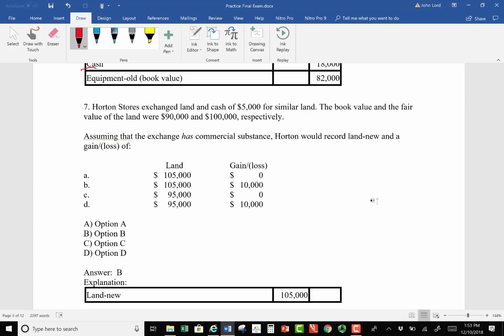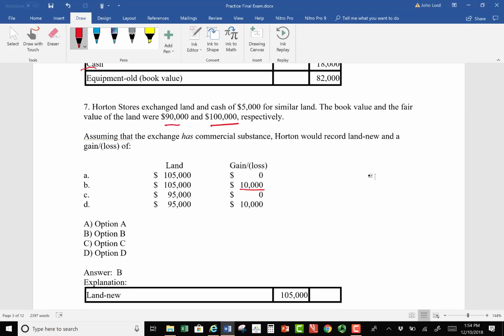Assuming the exchange has commercial substance, Horton would record new land and gain or loss of, and they give us the options here. Now, what happens? The gain is pretty easy. It's 10,000. It's the book value of the land versus the fair value. There's a 10,000 gain there, isn't there?